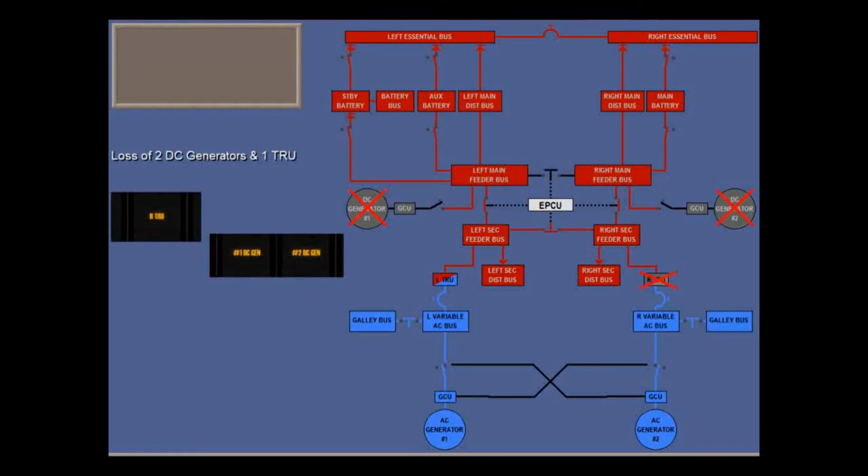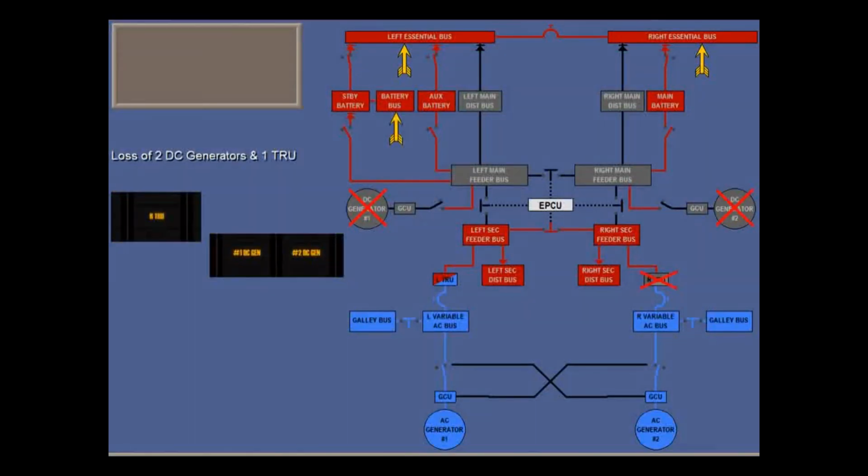Another example. In the case of a loss of both DC generators and one TRU, the remaining TRU has enough capacity to power the secondary buses, but not the main buses. The EPCU opens the vertical bus ties and disconnects the batteries from the main feeder buses, so that the main feeder buses are unpowered. This is emergency mode.